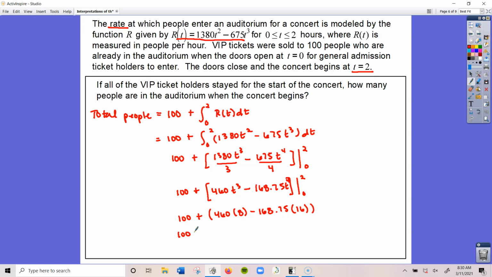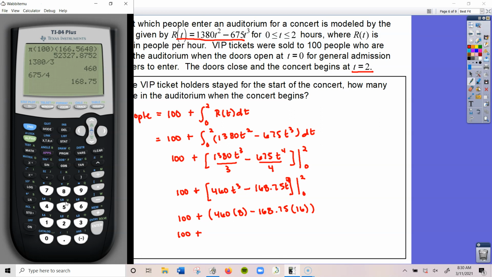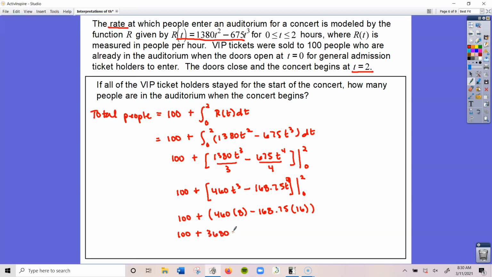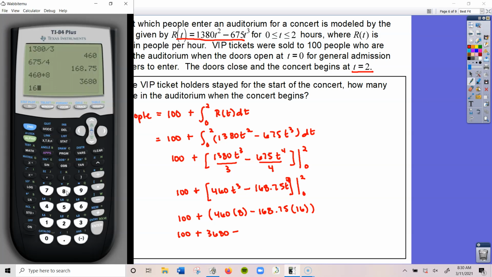So we have the 100 plus, now 460 times 8 is 3,680 minus, now I'm going to do 168.75 times 16, which is 2,700.